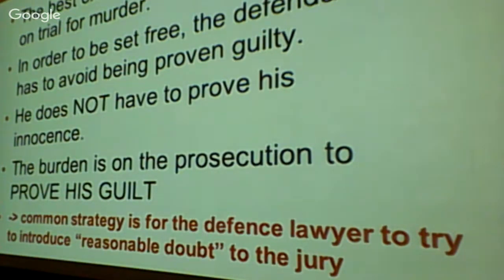An example, conceptually, that I'm going to go over right now is to consider a trial for murder. Dun, dun, dun. Right. In order to be set free, a defendant charged with murder has to avoid being proven guilty, whether or not he or she is actually guilty. We don't know if he or she is ever actually guilty. All we know is the jury must decide, based upon the evidence, whether or not they think this person is guilty or not.